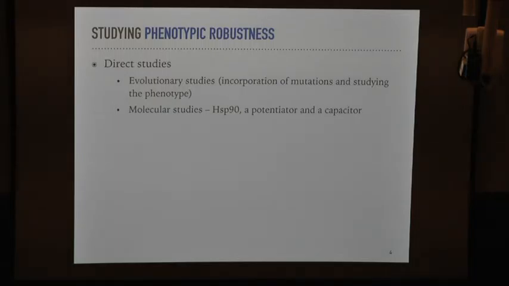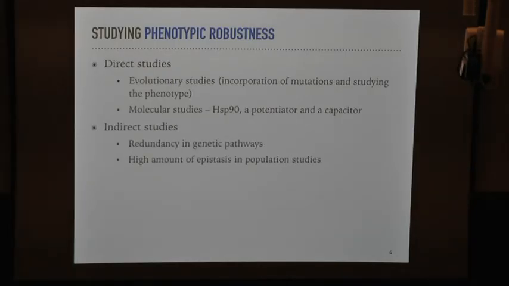If you mutate or disturb the function of HSP90, you suddenly start seeing a variety of effects because the misfolding protein response is downregulated. So it is termed a potentiator, because if you reduce the activity of HSP90 you can potentiate changes in phenotypic robustness, or a capacitor, because it can hold a lot of variance in a tightly regulated funnel and allow just a certain functional component of those variants to be expressed.